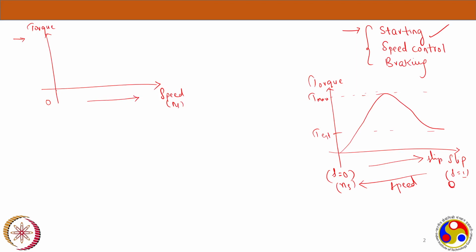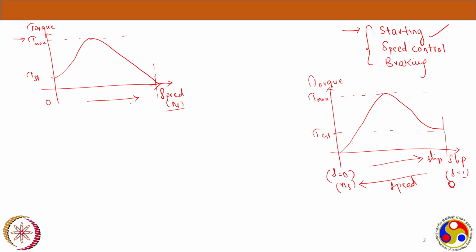Now the starting point is where the speed is 0, and let's mark maximum torque here. If you see this curve, at 0 speed we have a starting torque, right? Starting from here, it will reach maximum and then it will reach zero where speed is equal to ns and slip is equal to zero, and this is the point.